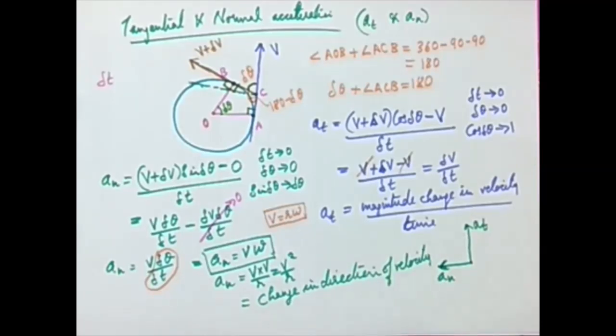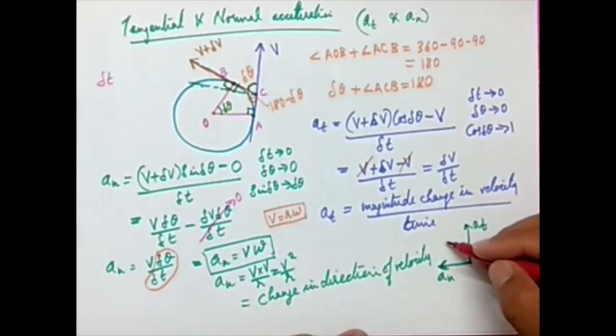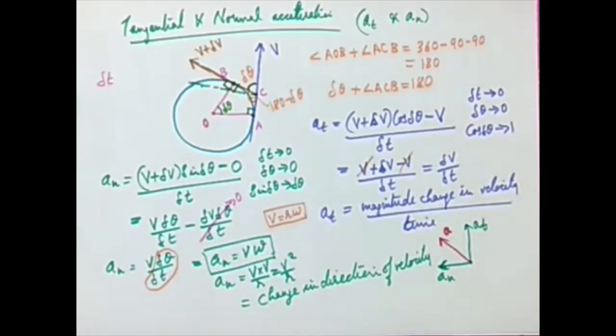So what will be the resultant? If I have two components like this, there will be a resultant acceleration A, and if it makes this angle as alpha, what is the magnitude of A? A is given by root of an square plus at square.